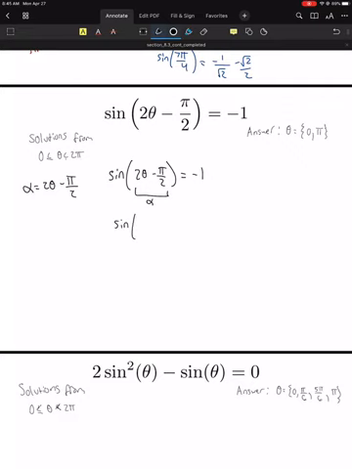And I'm left with the sine of alpha equaling -1. So, I want to find where the sine of alpha is equal to -1, okay? And then I'll use that solution and this equation here to backtrack.